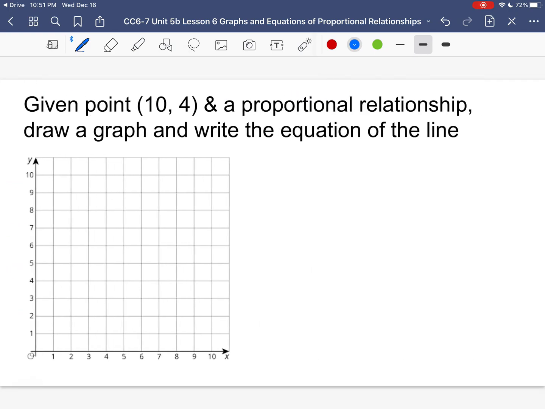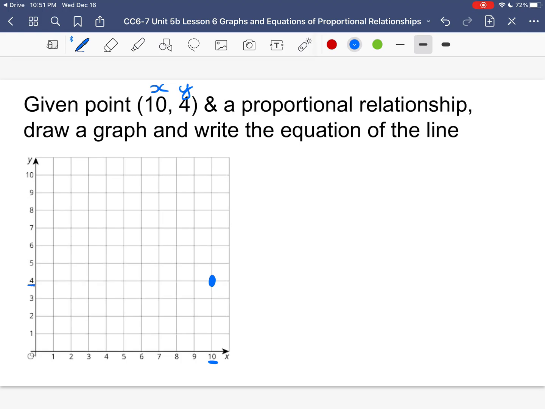Given a point (10, 4), and given that it's a proportional relationship, draw a graph and write the equation of the line. So (10, 4): 10 is your x coordinate and 4 is your y coordinate. So I'm going to go here because it's 10 on the x-axis and 4 on the y-axis.